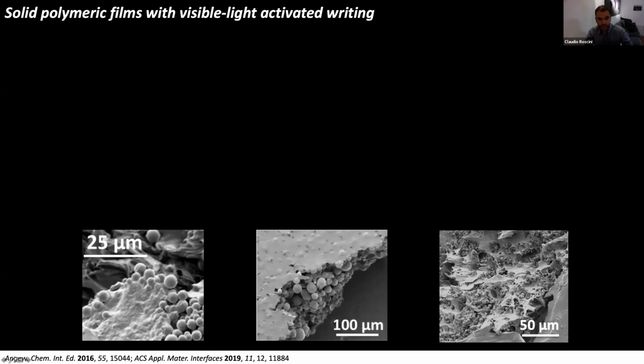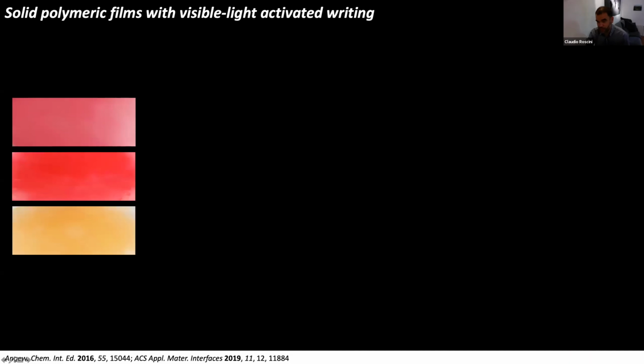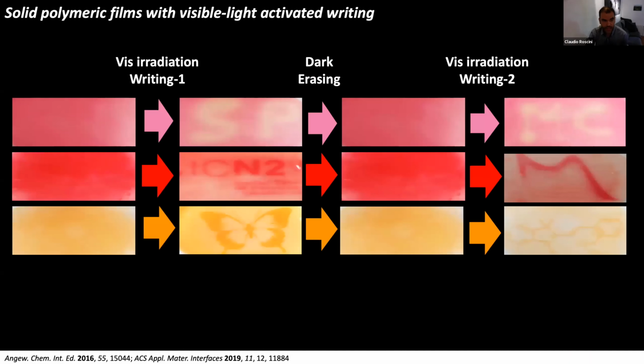And finally, when you put these capsules inside films, you obtain the corresponding color film that upon irradiation with visible light and using a mask, you can get quite good resolution drawings and writings, and then you can erase them and then rewrite again. So these materials could find application as rewritable devices activated by visible light or anti-counterfeiting technology.